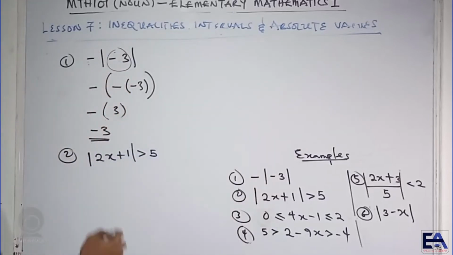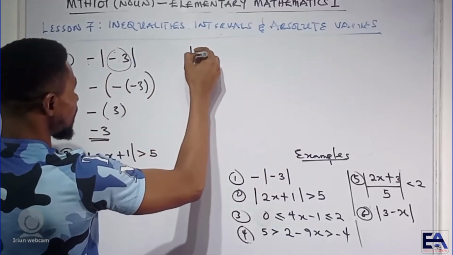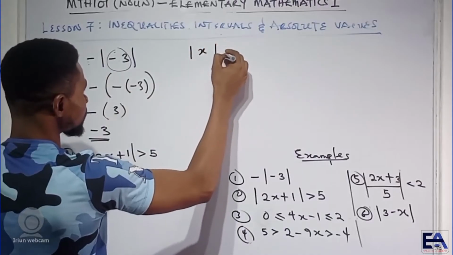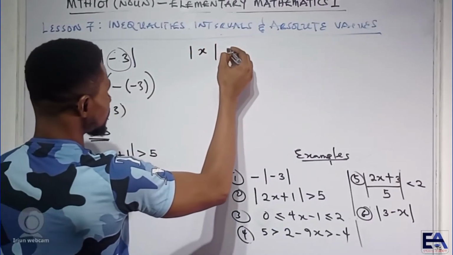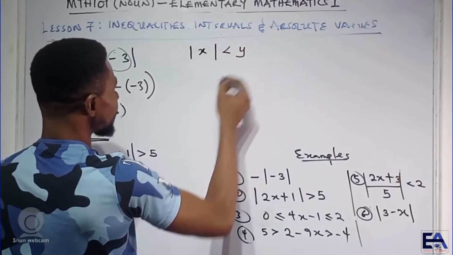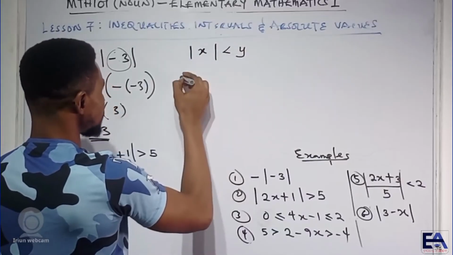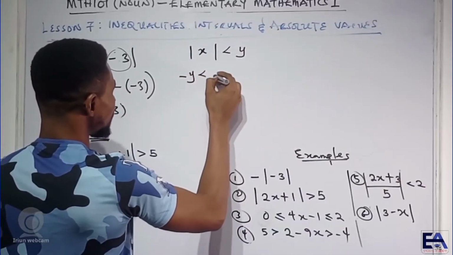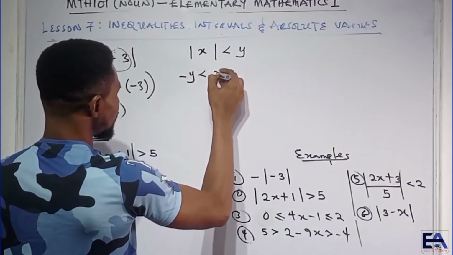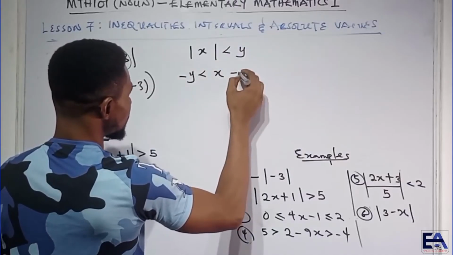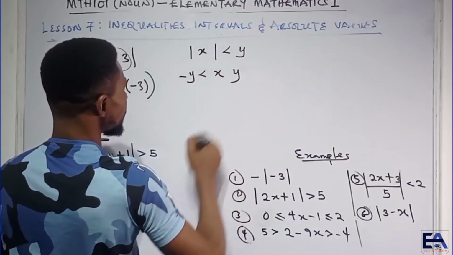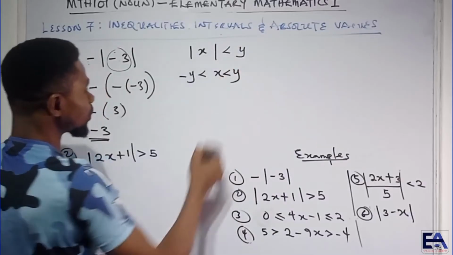Remember the rule in the previous video which says that if the absolute value of x is less than y, the rule says minus y is less than x, then less than y.